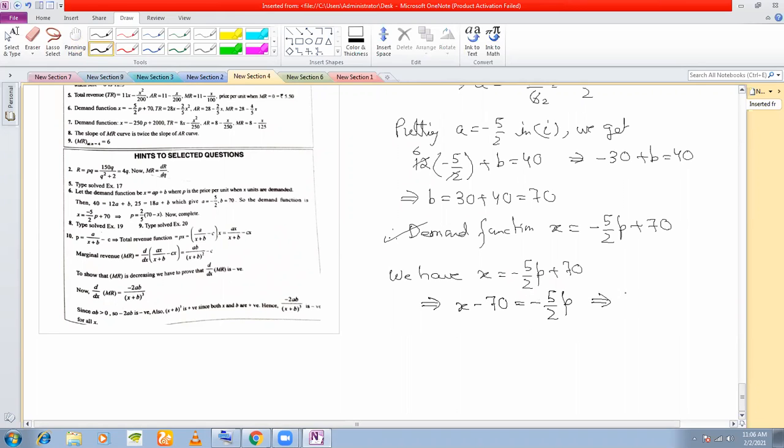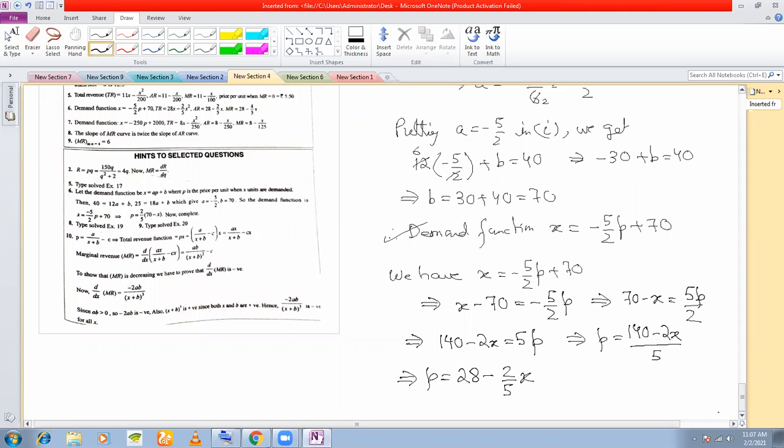That means 70 minus x is equal to 5p by 2. That means 140 minus 2x is equal to 5p. That means p is 140 minus 2x divided by 5. Means p is 28 minus 2 by 5 x, right? This is what p is.